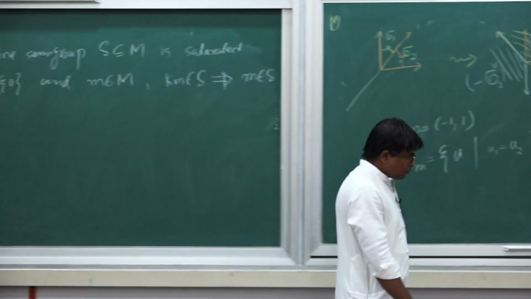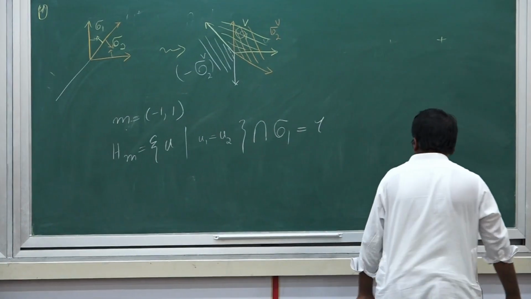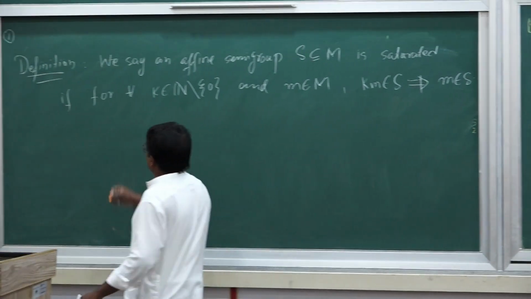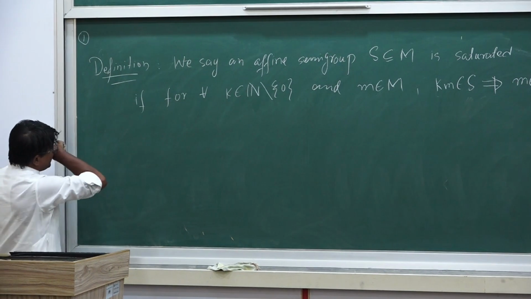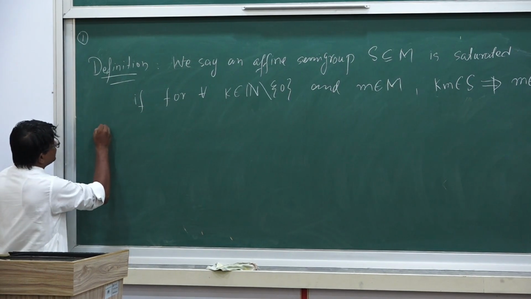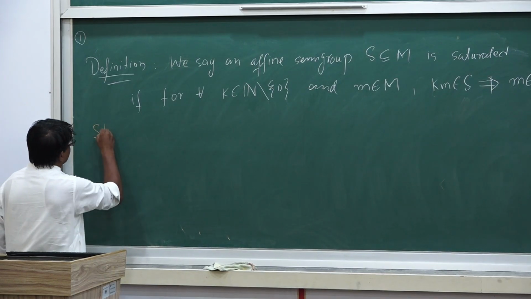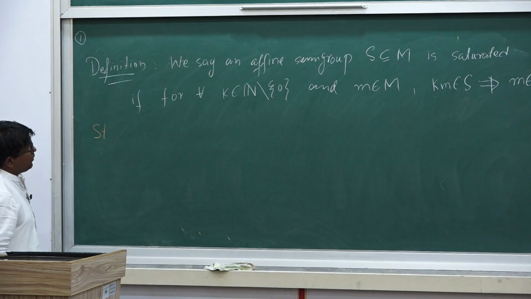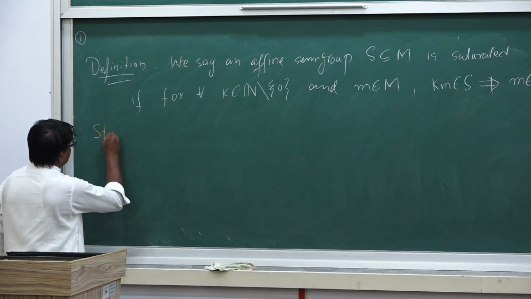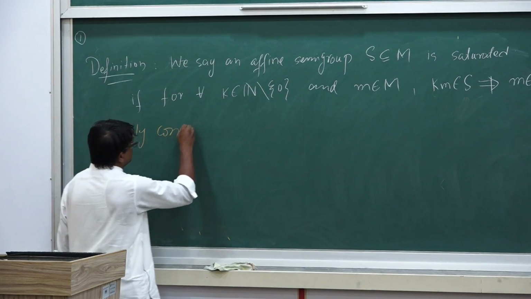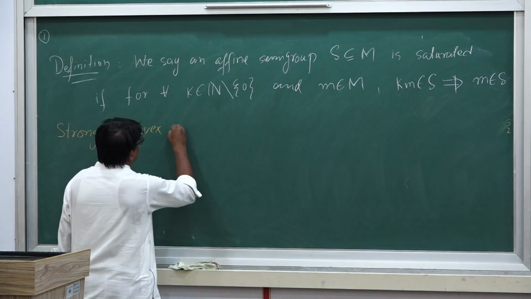So this is called a saturated semigroup, and it turns out that saturated semigroups can be related with something called the affine semigroups coming from strongly convex rational polyhedral cones.